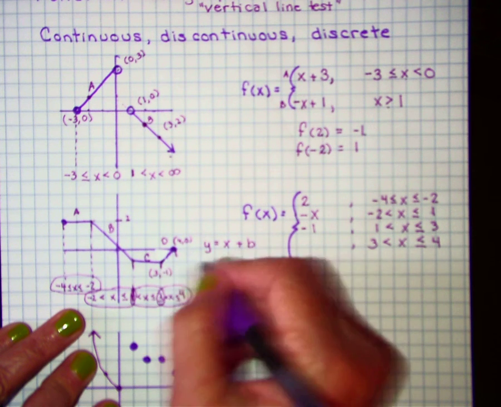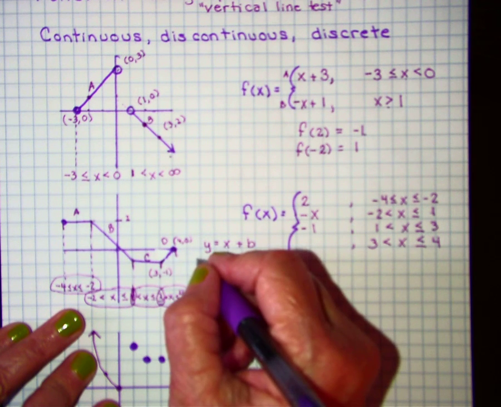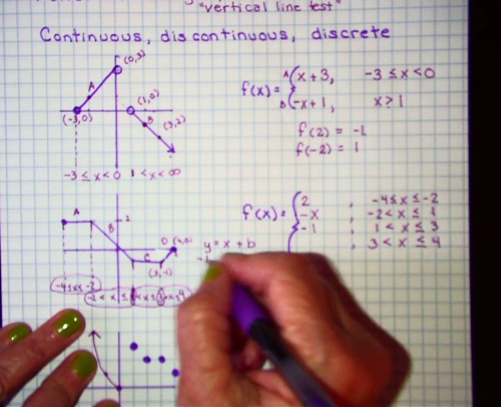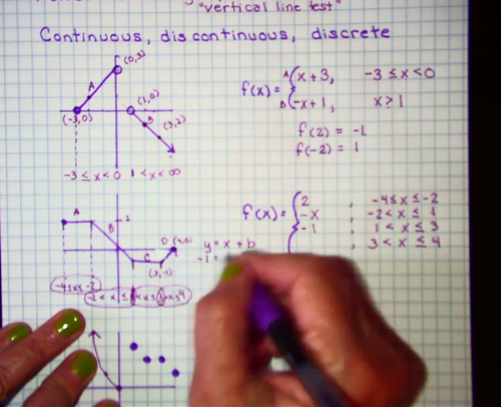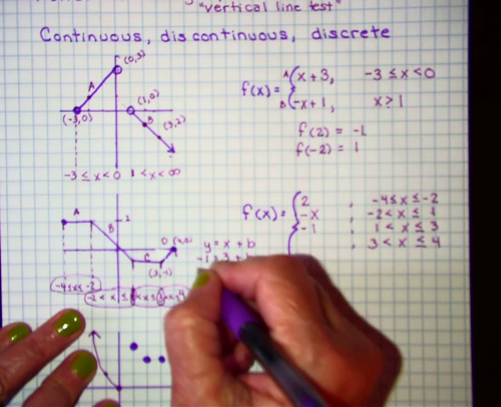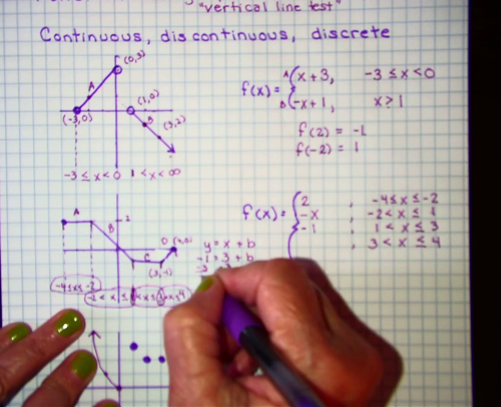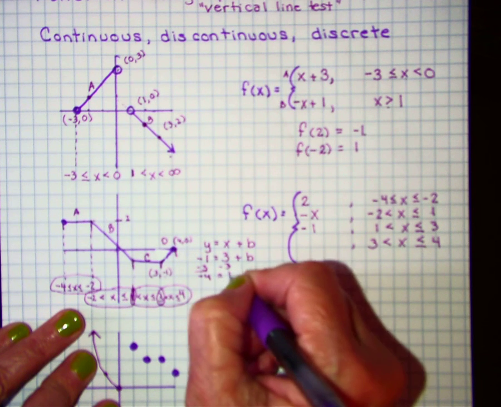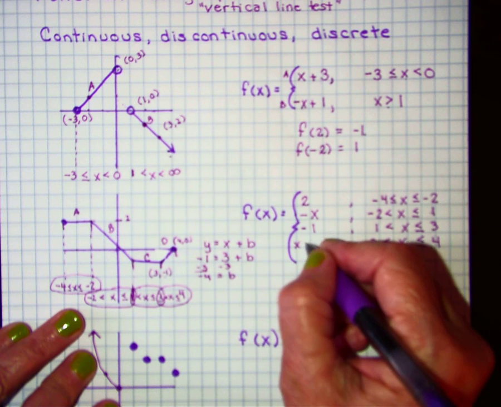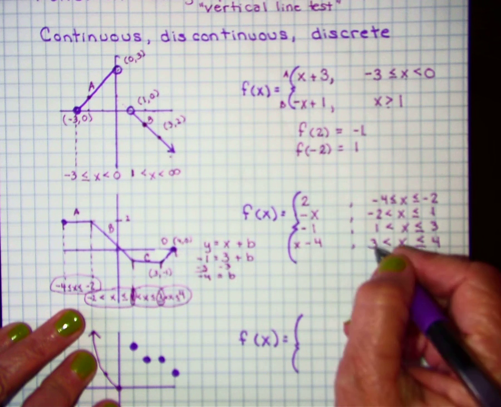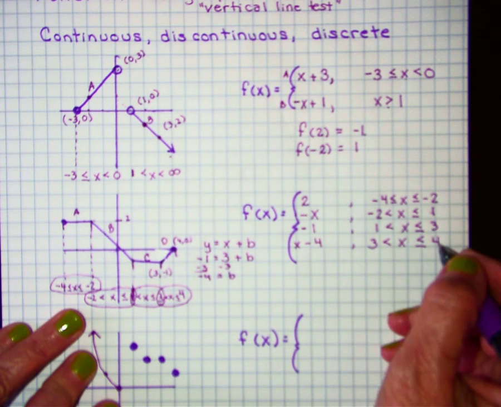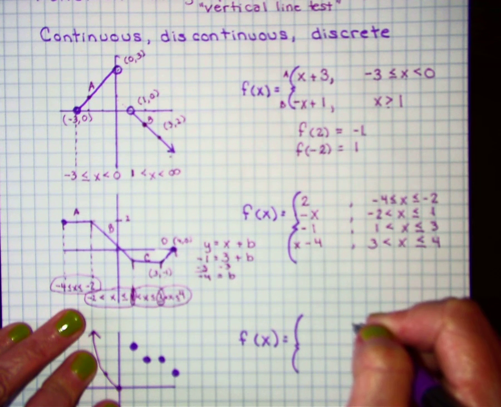I can take either one. In fact, I will take (3, negative 1). I make my y equal to my y point, so negative 1 equals my x, 3, plus b. Subtract 3, and negative 4 equals b. So now I have y equals x minus 4 when x is greater than 3 and less than or equal to 4.